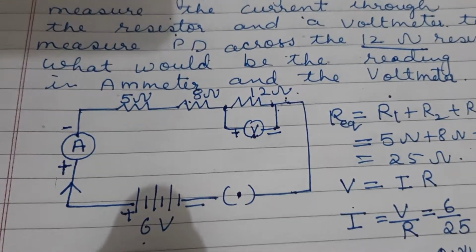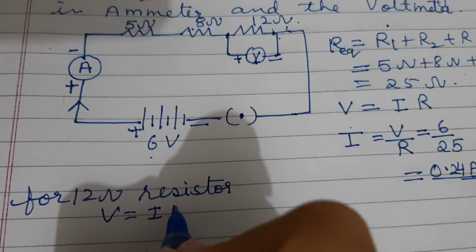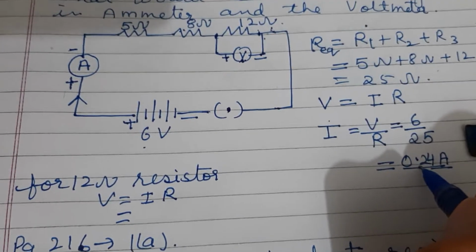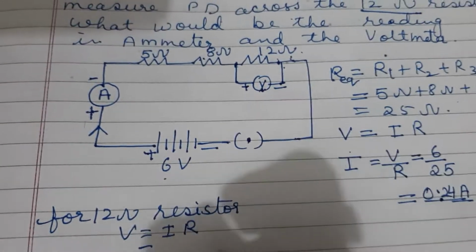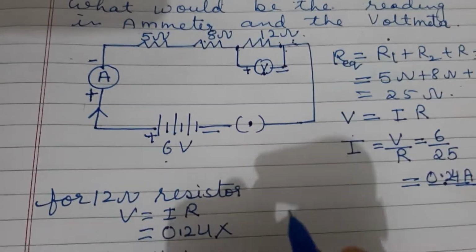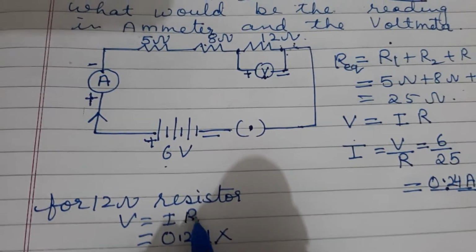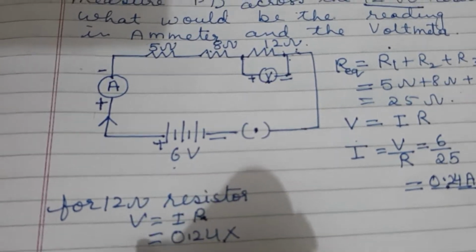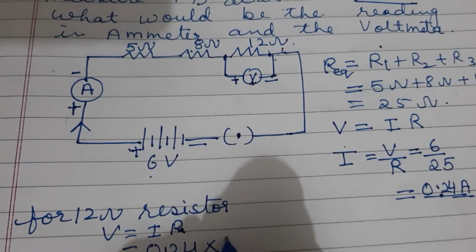So again we will use Ohm's law, V is equal to IR. The value of I, because the total I remains the same in the circuit, this is a series combination, so 0.24 into R. Now we have to find out for the 12 ohm resistor, so here we will write 12.